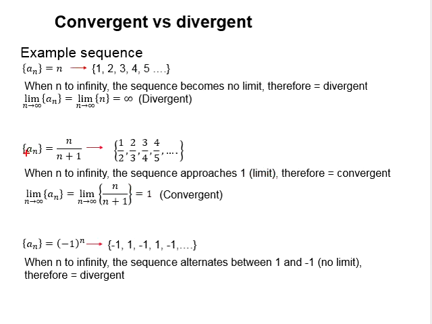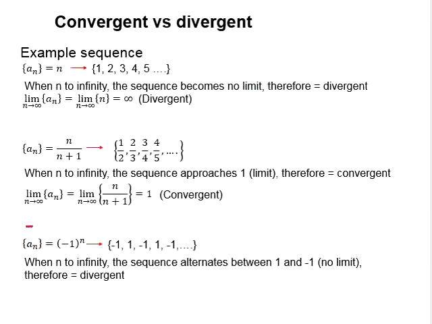Therefore, when the sequence has a limit, it is a convergent sequence. The difference between divergent and convergent sequence is that the divergent sequence ends up becoming infinity, while the convergent sequence has a limit. It is a definite number.